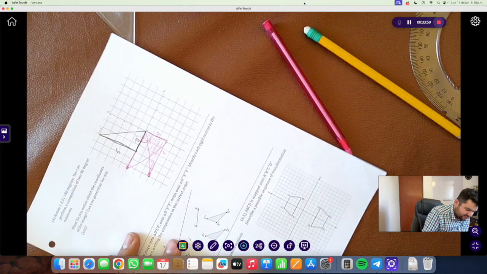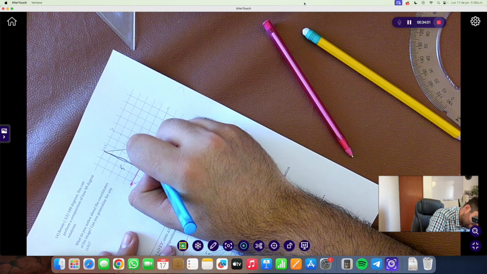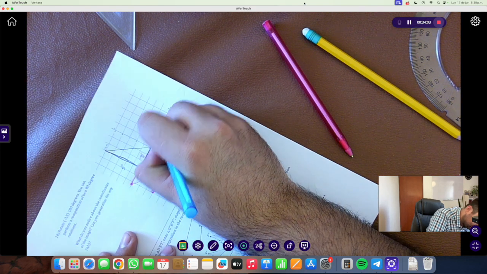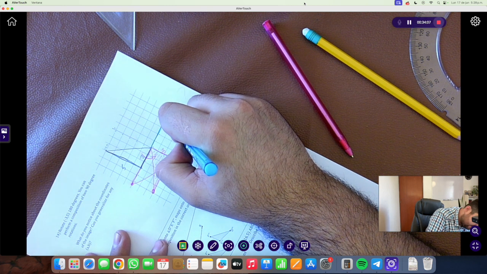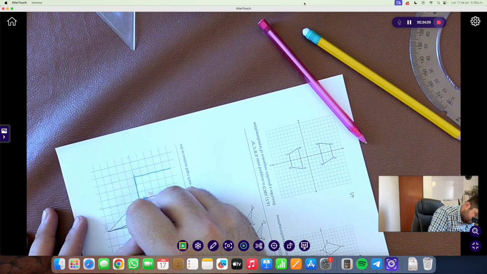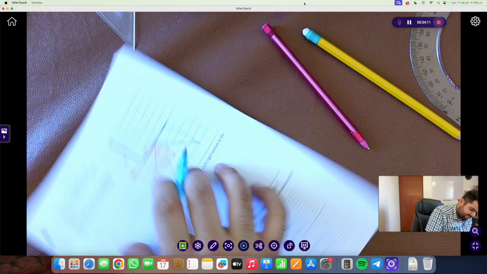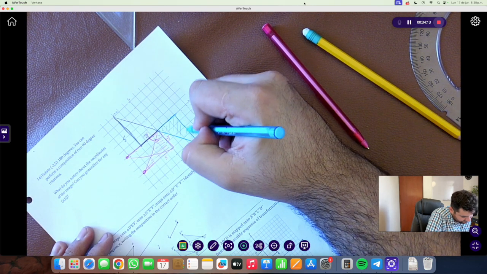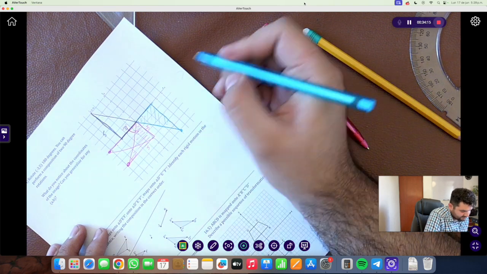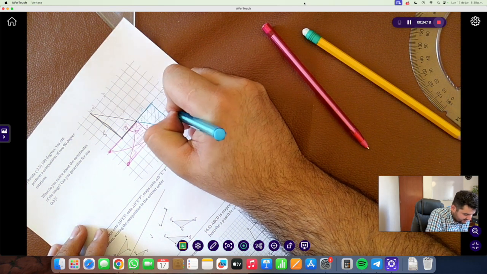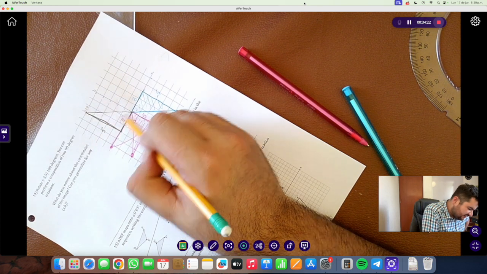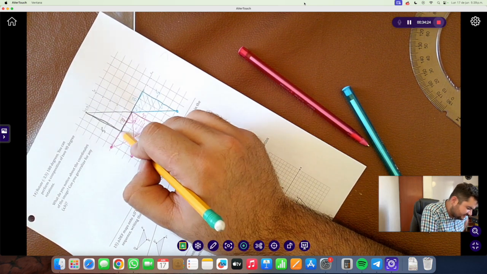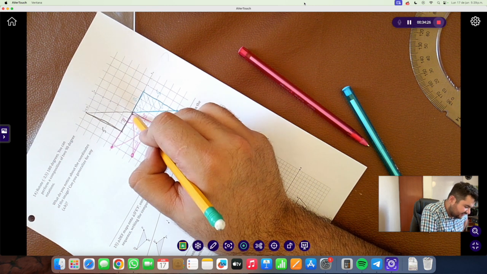So now I'm going to do 3, minus 5. So do you see how it is working? So here, this point is at a distance 3 in the horizontal axis.